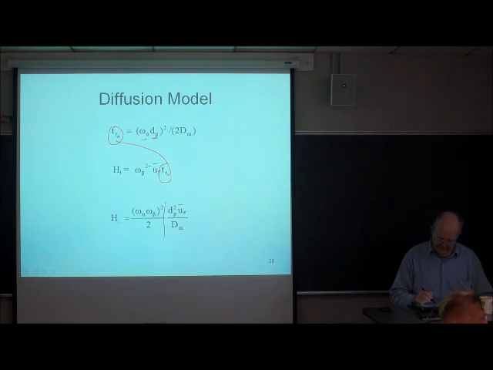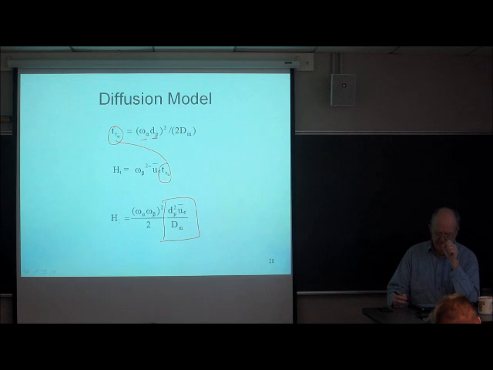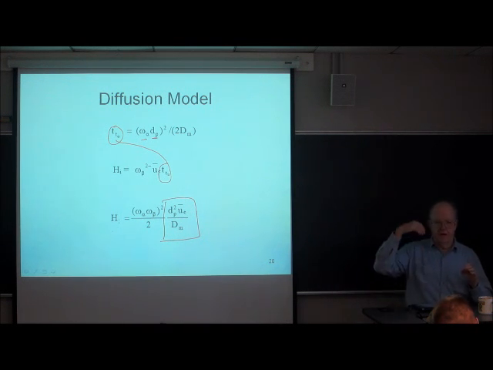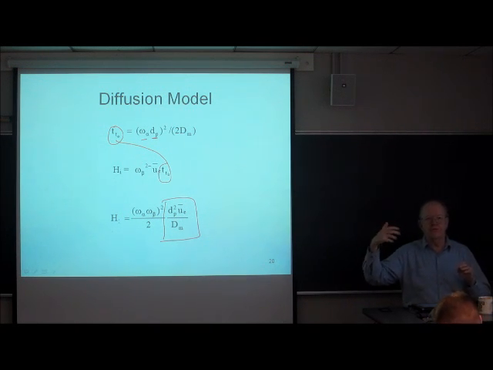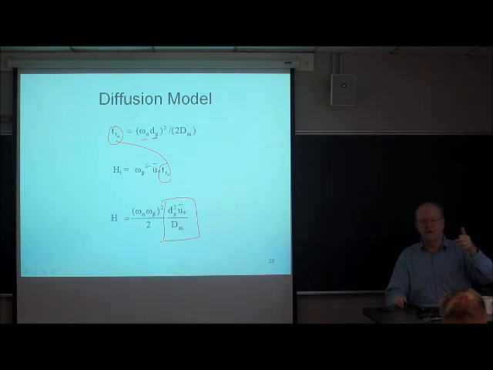And now I have the particle diameter squared times the velocity to the first power divided by the diffusion coefficient. And so it's saying that the contribution to eddy dispersion, if diffusion is the sole transport process between flow streams, goes with the square of the particle diameter.